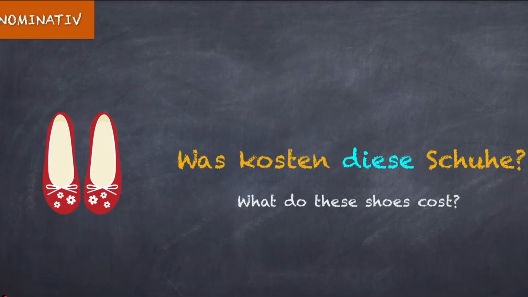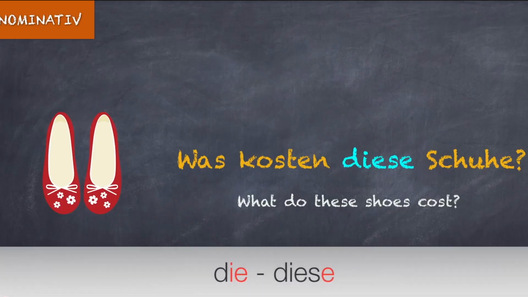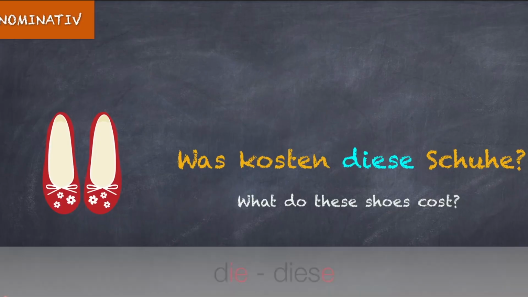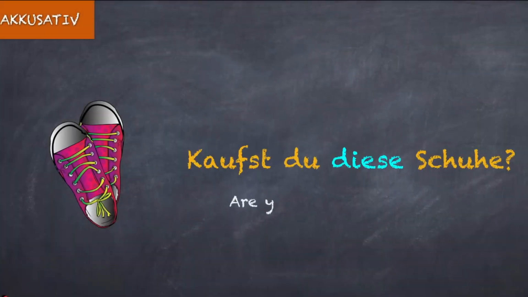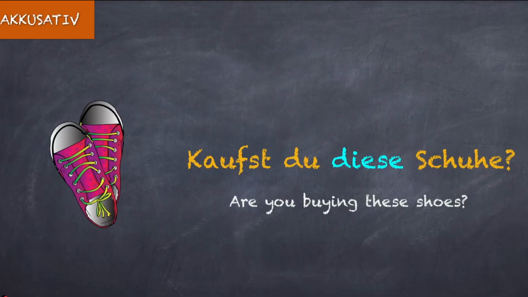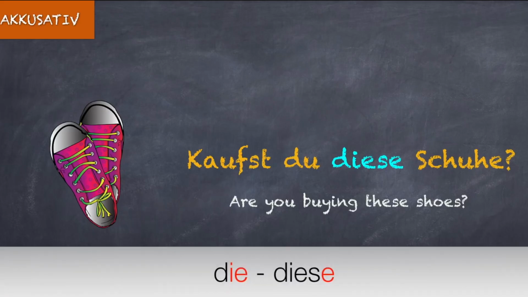The demonstrative article diese gets the ending e from the plural article die im Nominativ. The same applies to the accusative article. Kaufst du diese Schuhe? Du is here the nominative subject. Diese Schuhe is the accusative object and gets the ending e from the plural article in accusative, die.